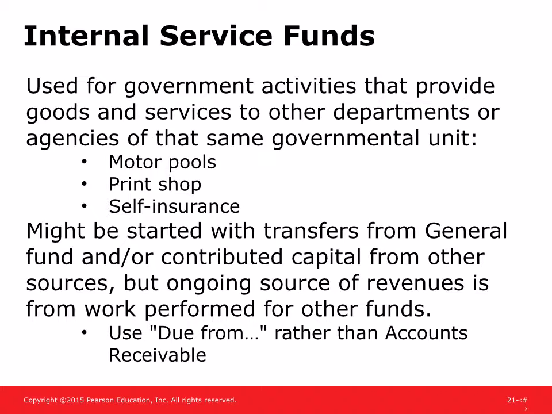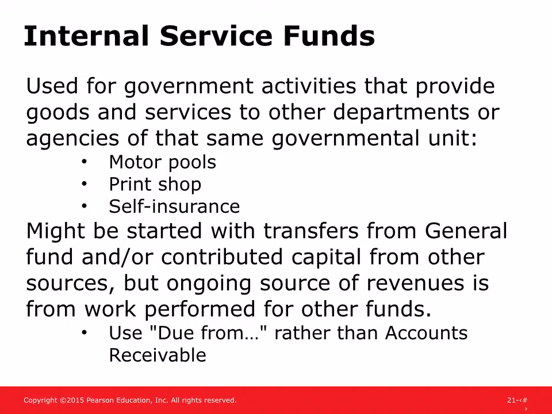So basically the garage or the department that handles maintenance and such on the governmental unit's vehicles. There could be a print shop type fund, and also many governments use a self-insurance, and if that were the case, then you might have an insurance fund for the governmental entity as well.